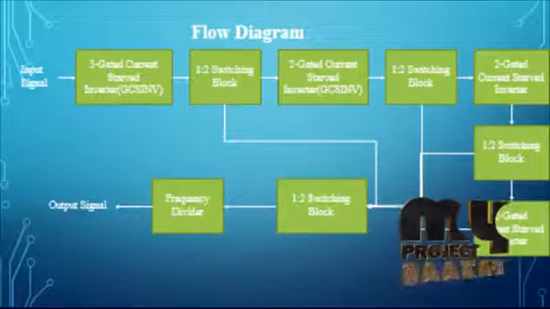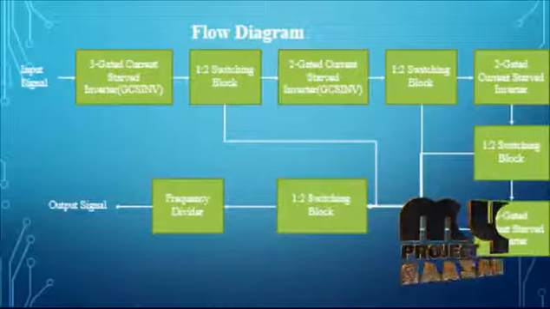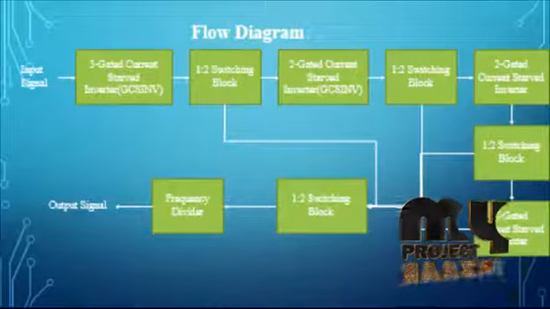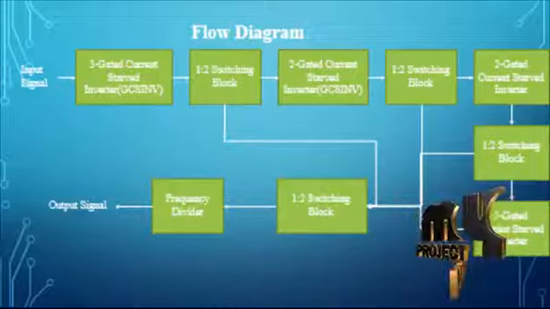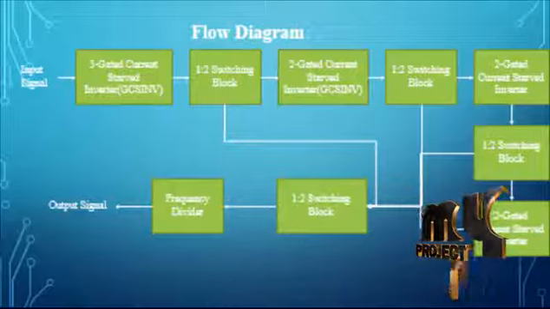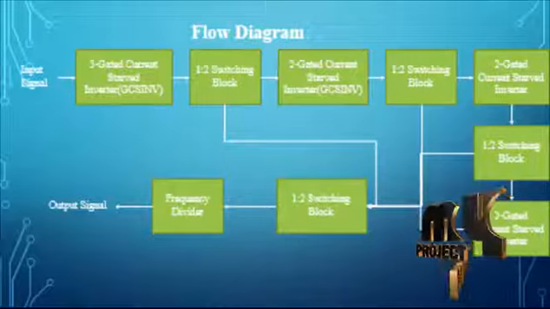First, the input signal is applied to the three gated current steered inverters, and then directly applied to the 1:2 switching block. In this switching block, they can select the output. They can select the input in order to find 0 or 1. If the input value is 0, it is directly applied to the two gated current steered inverters.